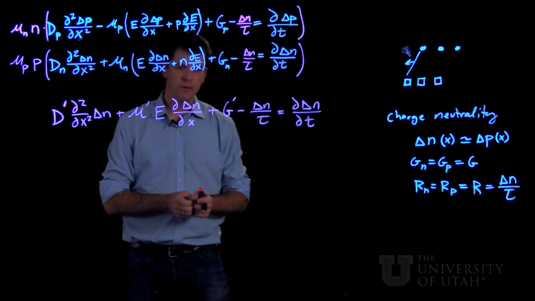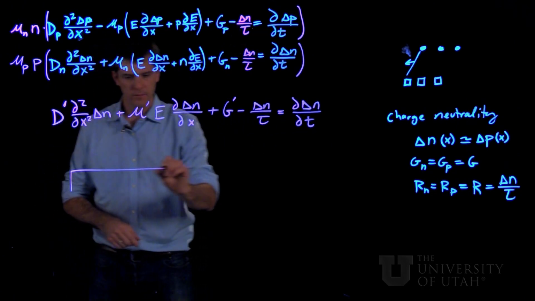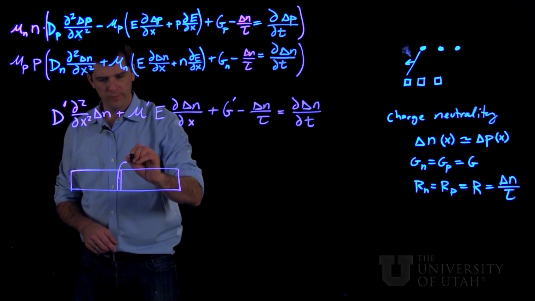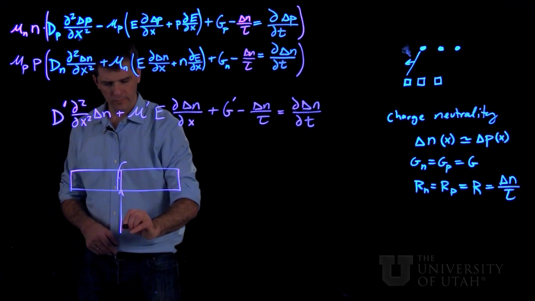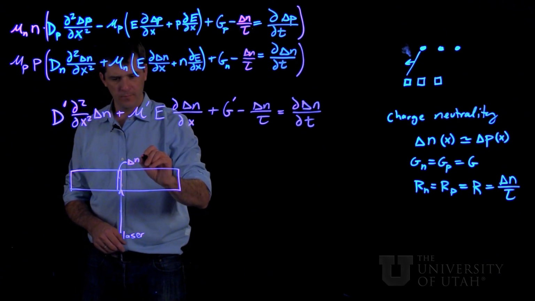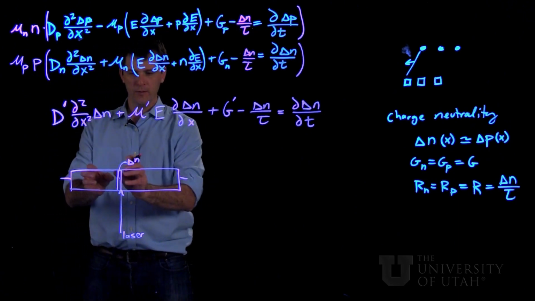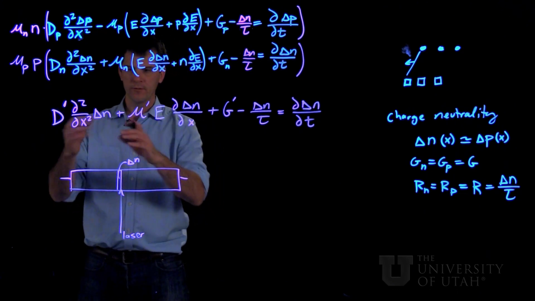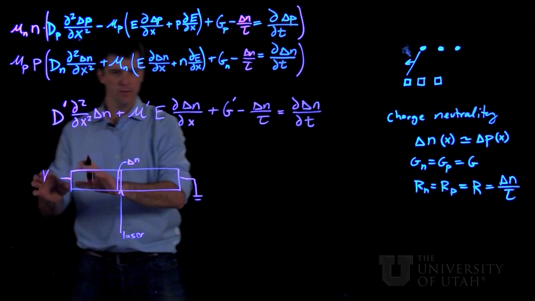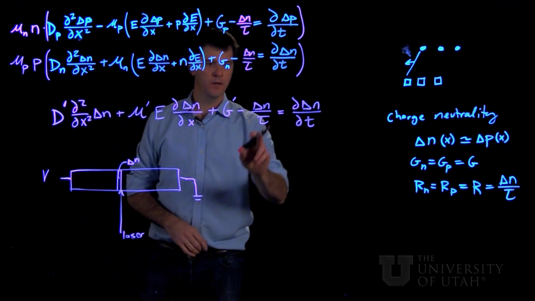For example, if you shined a laser for just a brief instant on a bar of semiconductor and you generated some electron-hole pairs only within this little slice, the movement of these electrons and holes would be coupled, and they would move together and diffuse and drift. If you put on a voltage, they'll diffuse and drift and then decay with time by this term.